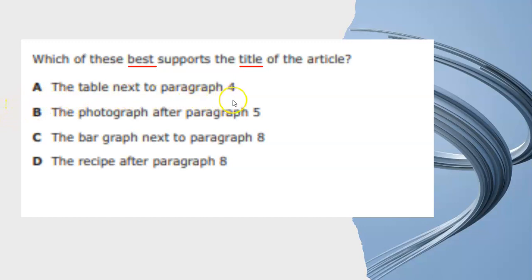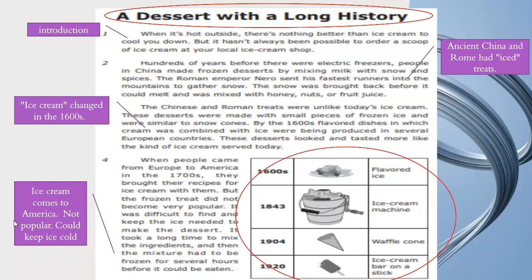A, the table next to paragraph 4. B, the photograph after paragraph 5. C, the bar graph next to paragraph 8. D, the recipe after paragraph 8. Now, when we were highlighting the text and taking notes on it, I did not give you the example of some of those, but there is a bar graph that details the favorite flavors of current day customers in America of ice cream.